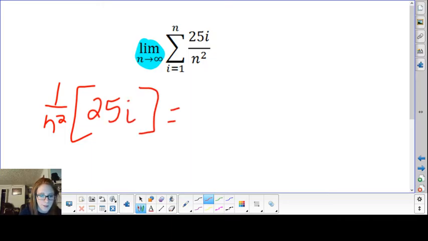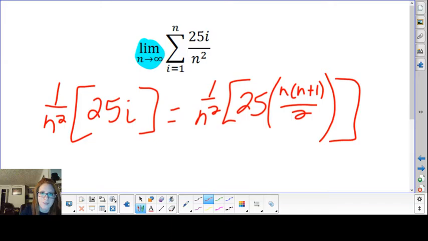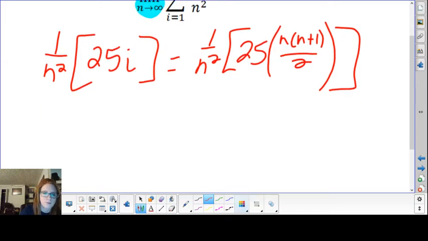And when I rewrite that, 1 over n squared times 25 times my i is, oops, back up a second. n times n plus 1 over 2. I don't have any other constants to add to it. Woohoo! Finally.